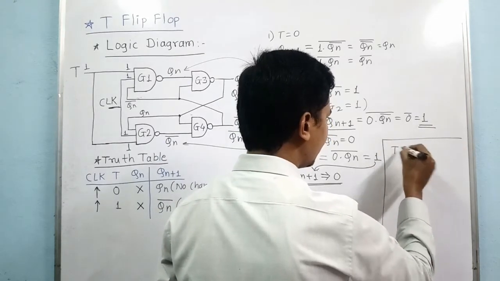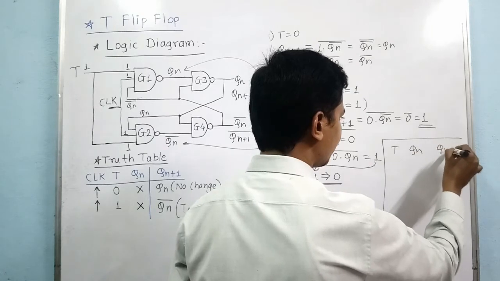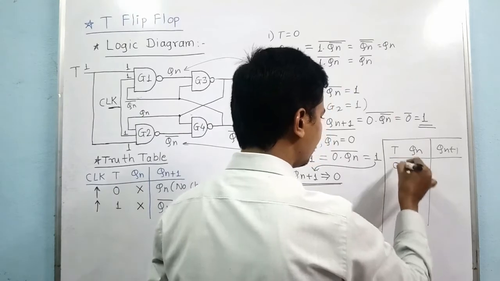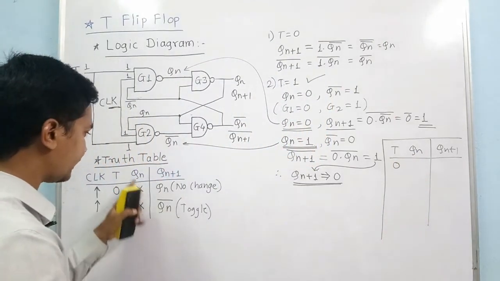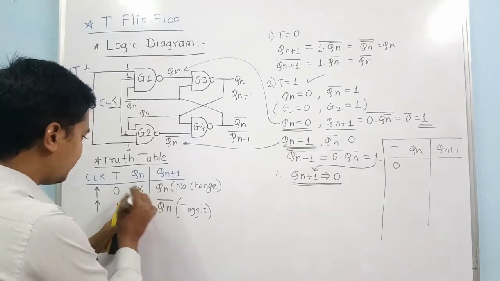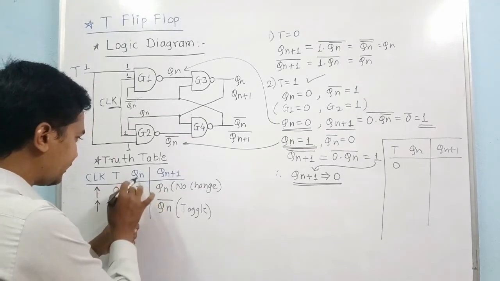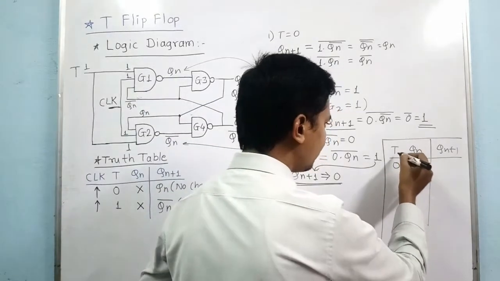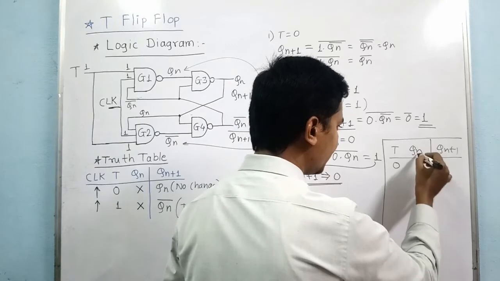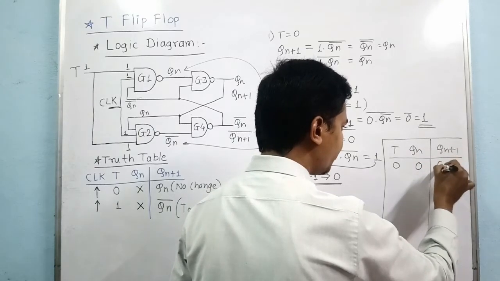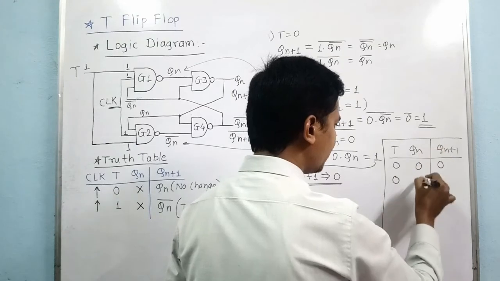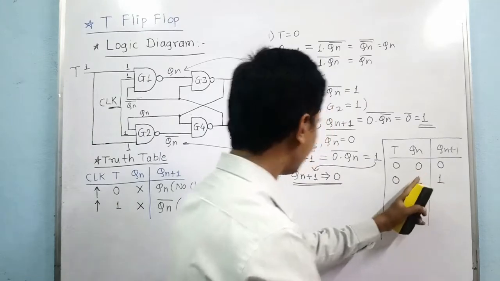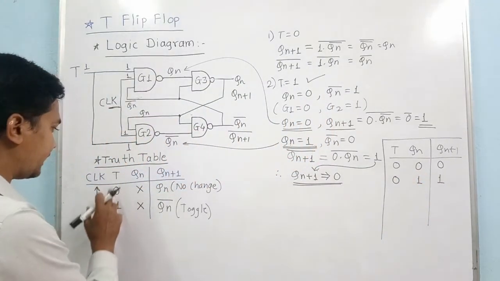So when t, Qn and Qn plus 1, so when t equals to 0 and Qn equal to don't care, that means whatever Qn is available during t equal to 0, the same Qn will be the next state of output. So if Qn during t equal to 0, if Qn equal to 0, then Qn plus 1 will also be 0, and if Qn equal to 1, then Qn plus 1 will also be 1. So this is in case of the first when t equal to 0.